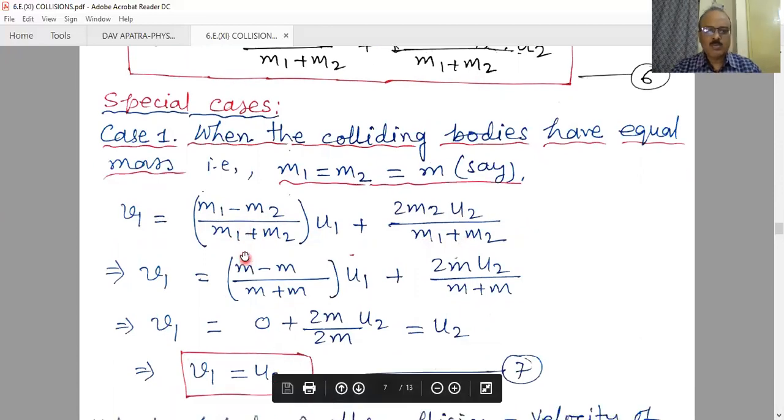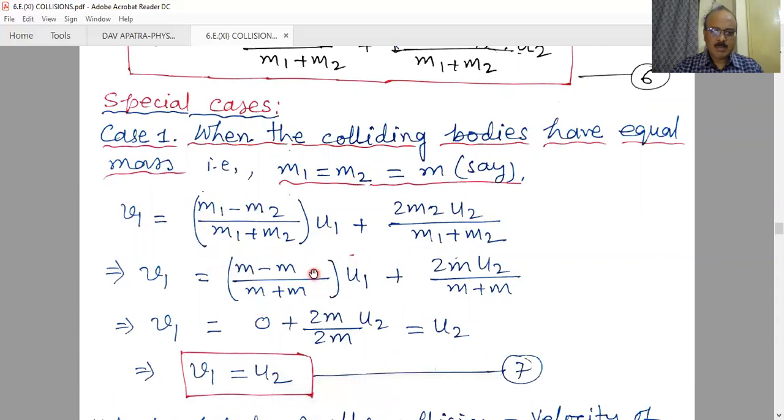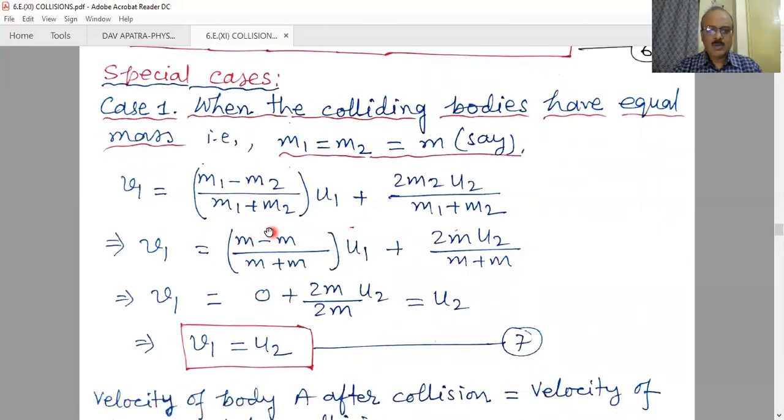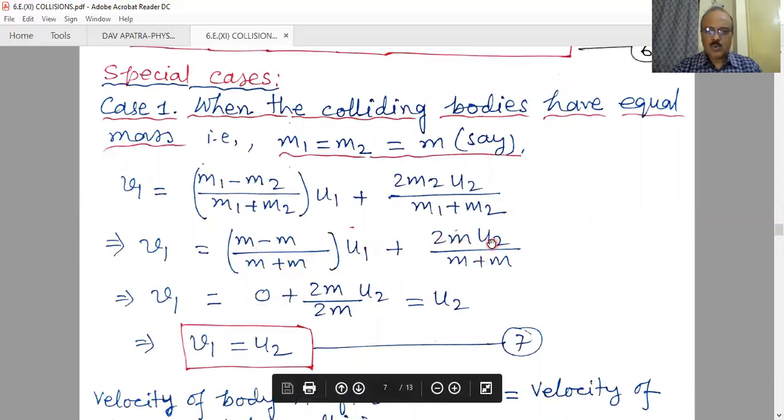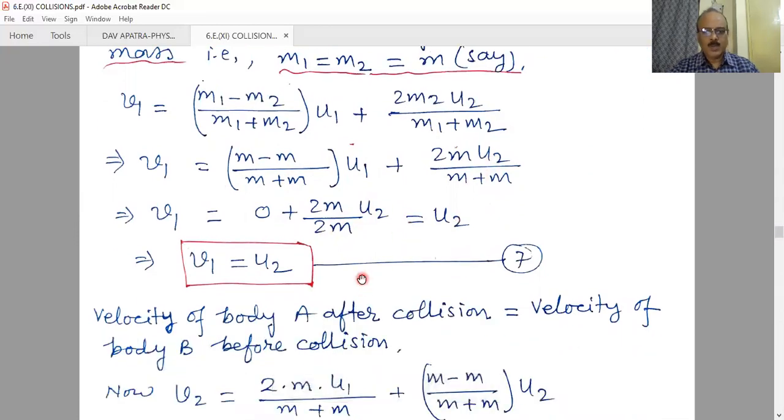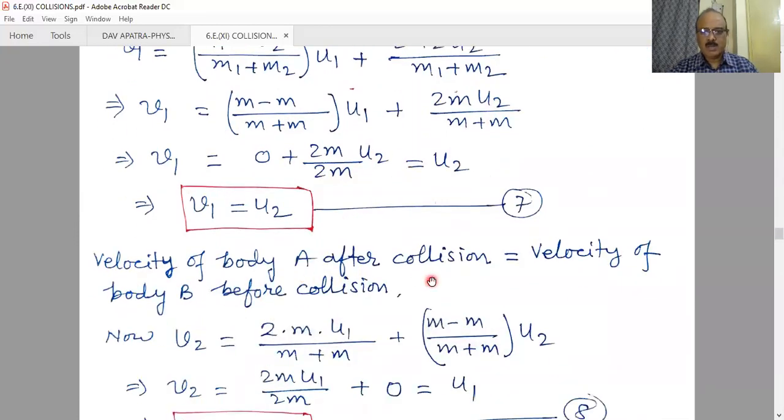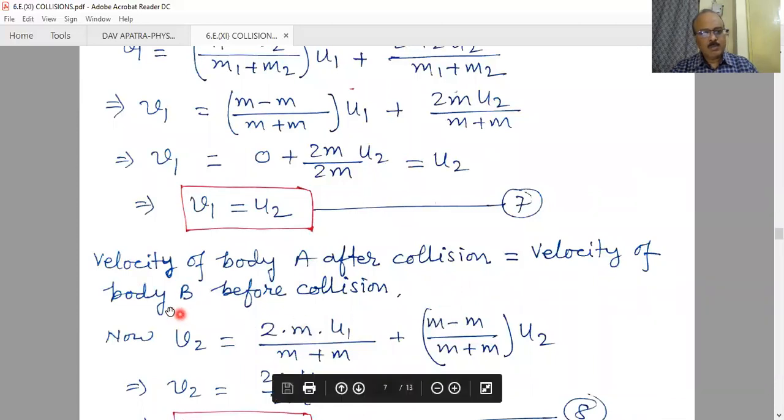Now by putting m1 equal to m2 equal to m, we get m minus m divided by m plus m into u1 plus 2 into m u2 divided by m plus m. Obviously m minus m is 0, so 0 into u1 is 0, and 2m u2 divided by 2m is u2. That is, v1 is u2. That is the velocity of body A after collision, which is the velocity of body B before collision.